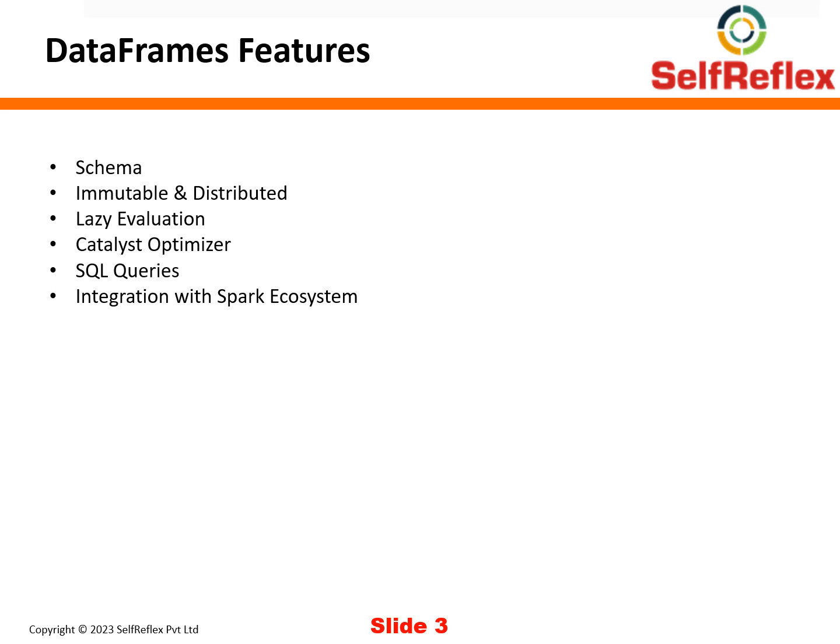And because data frames are like relational database tables, you can run SQL queries on top of them, and data frames are integrated with the whole Spark ecosystem. They seamlessly integrate with Spark components such as Spark SQL, Spark Streaming, the Machine Learning Library, and GraphX. This enables unified data processing across different Spark modules.